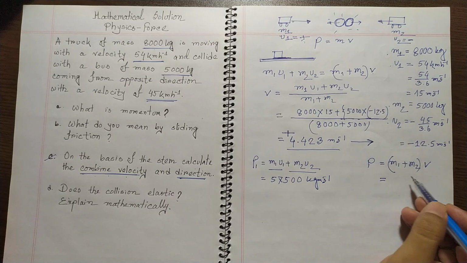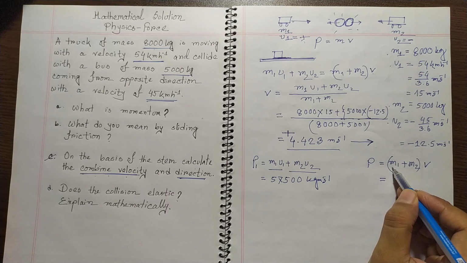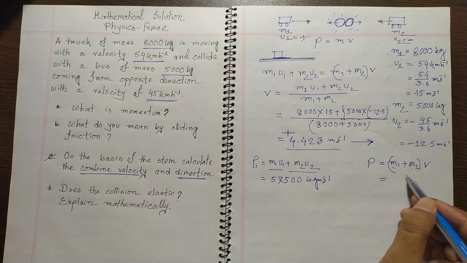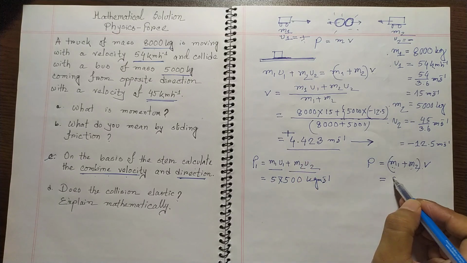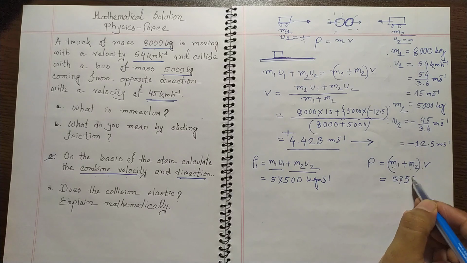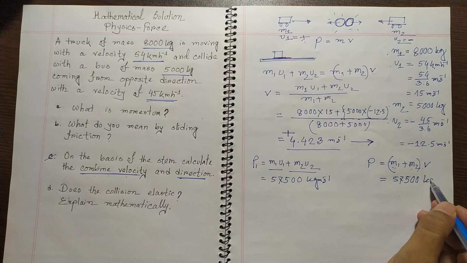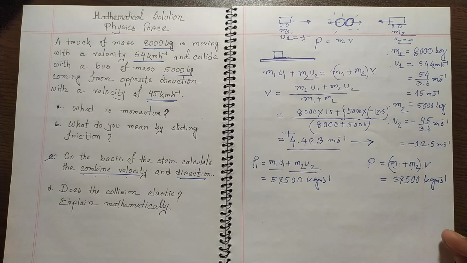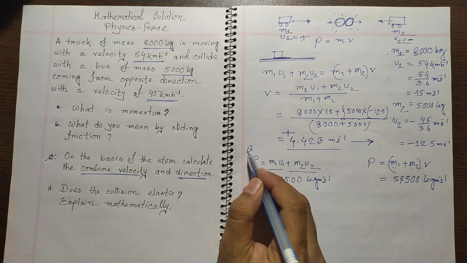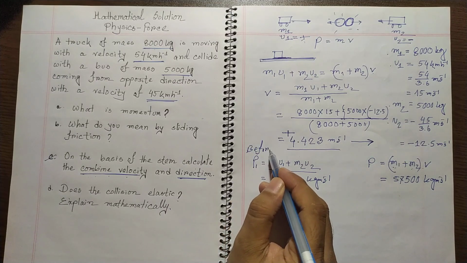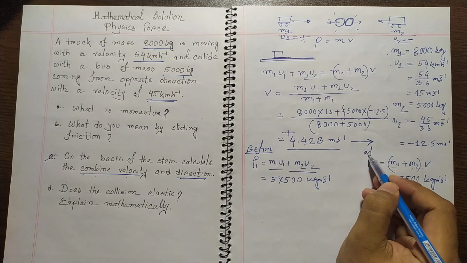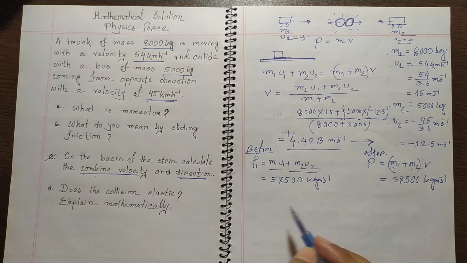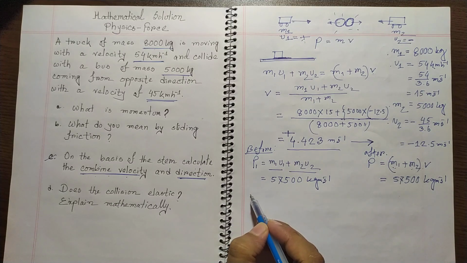In this case it would be the same: 5000 plus 8000, so 13,000 times 4.423, which is similar, 57,500 kg meter per second. So this is the momentum before the collision, and this is the momentum after the collision.